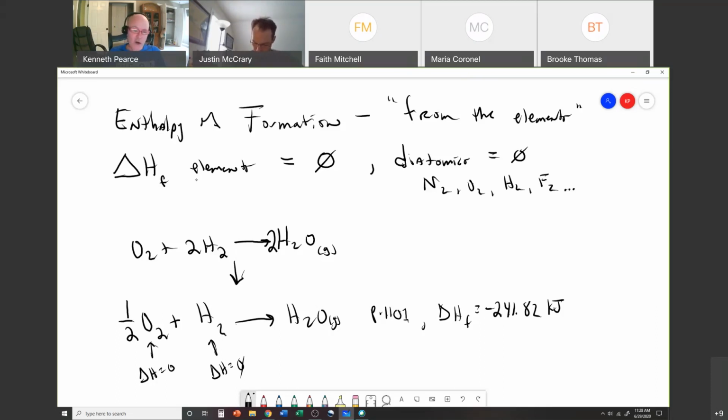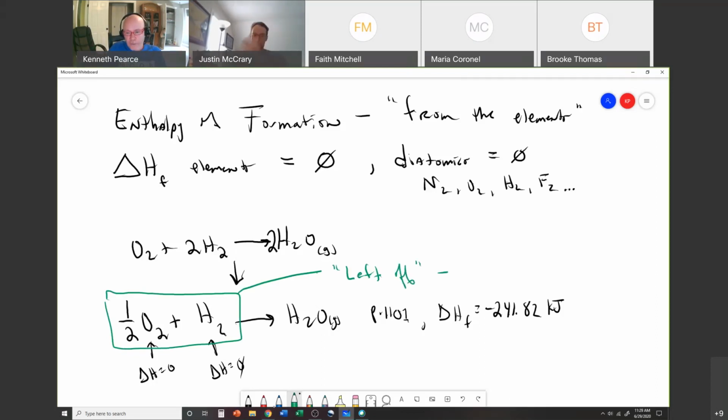So you can take any arbitrary substance. I put this part over here on the left just for reference, and this is left off. All we care about is this thing right there.